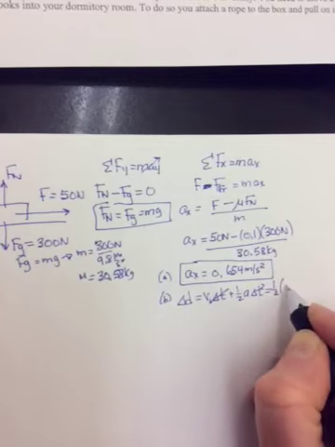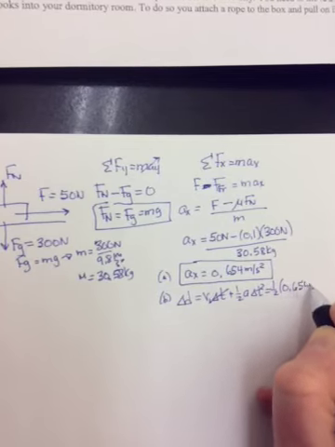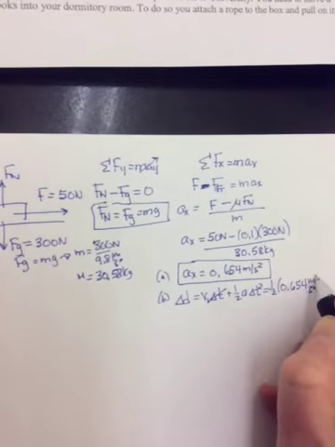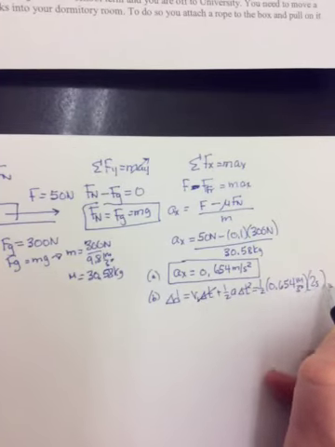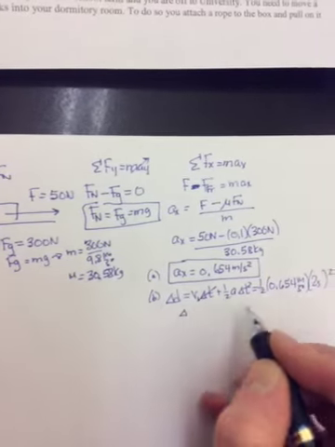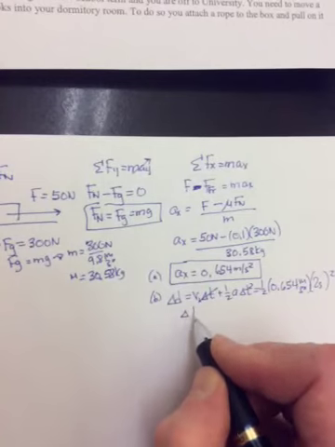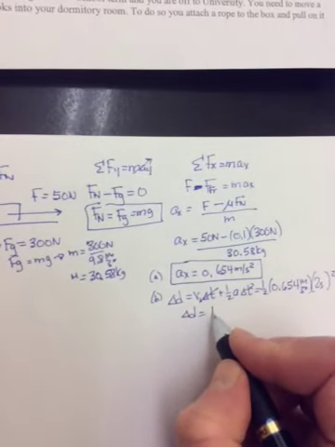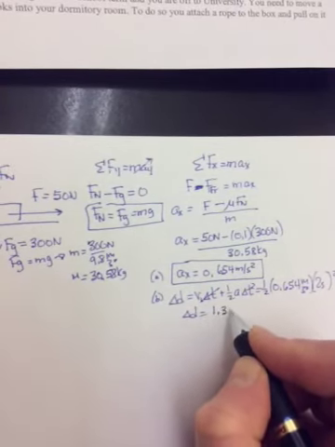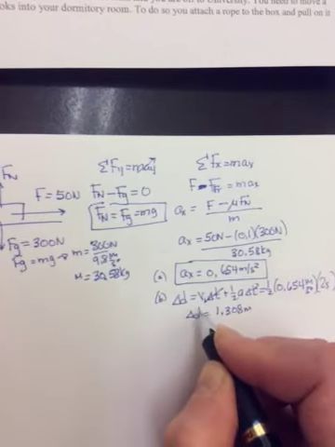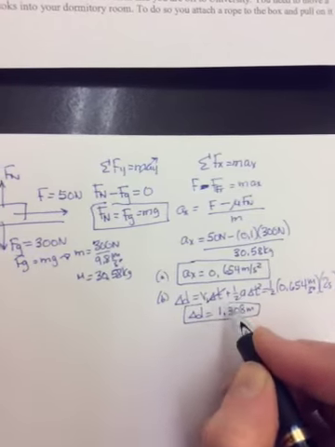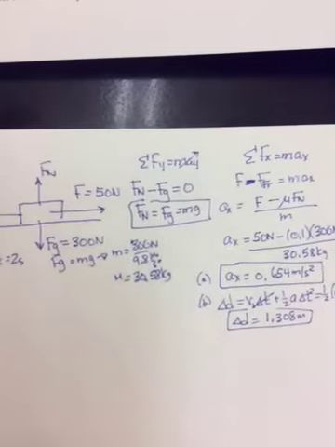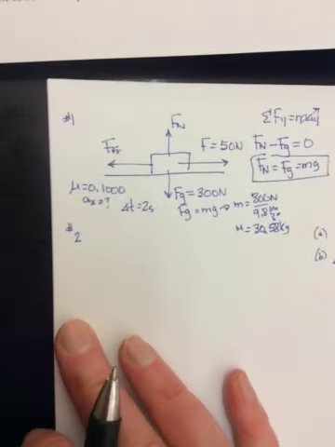So 1/2 times 0.654 meters per second squared times 2 seconds squared. 2 squared is 4, half of 4 is 2, 2 times 0.654, so 1.308 meters, I believe, but I'm doing it in my head. I could look at the answer. Oh, it's 1.308.